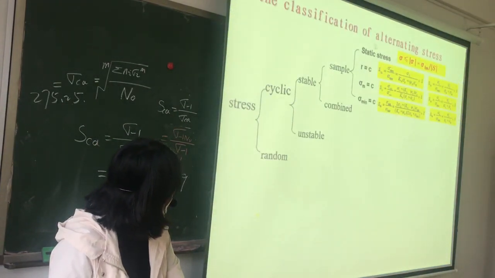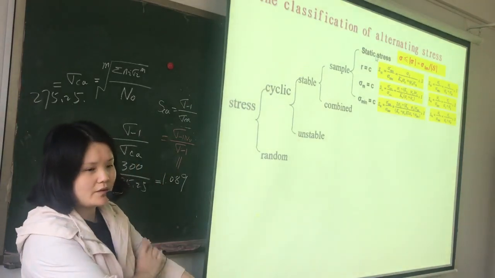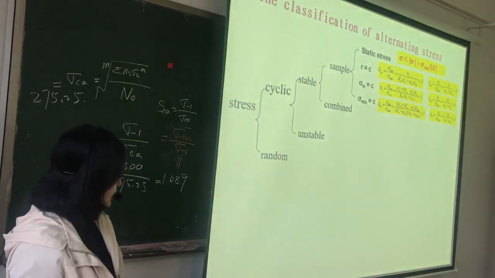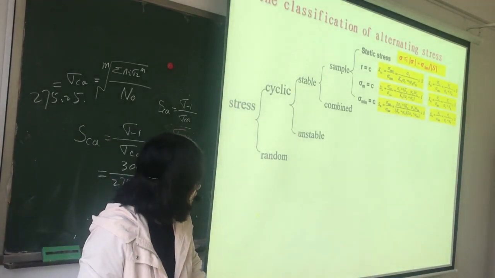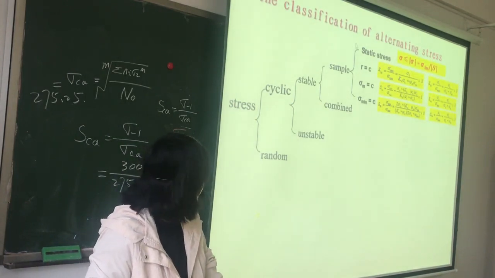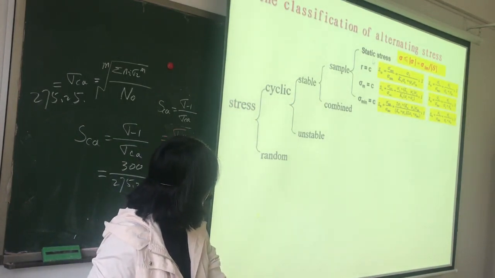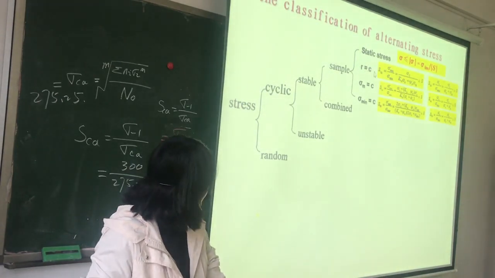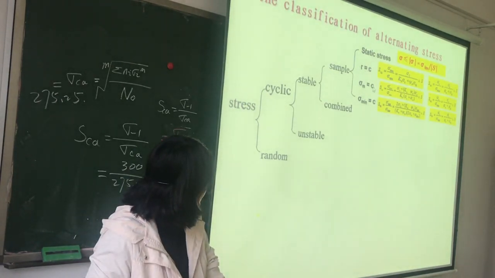So below is the safety factor calculation equation for static stress, where R is constant, sigma m is constant, and maximum stress is constant.